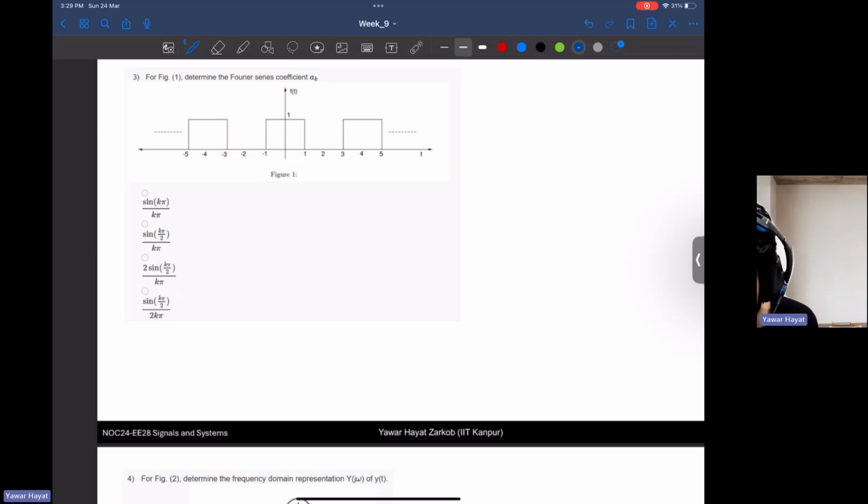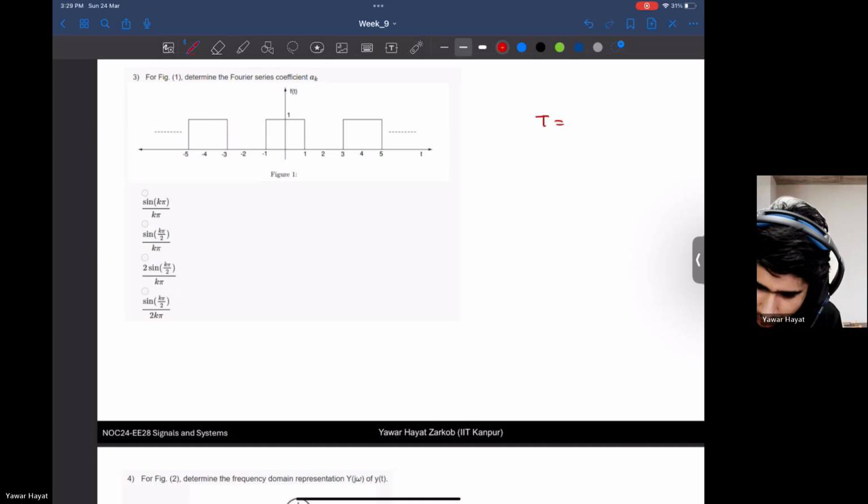A general Fourier series coefficient AK for this signal. Firstly, we need to see if this signal is periodic. If the signal f of t is periodic, which is the case, right? This is periodic with time period 4, right?